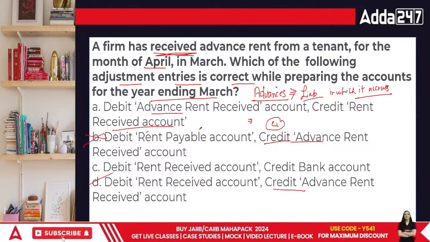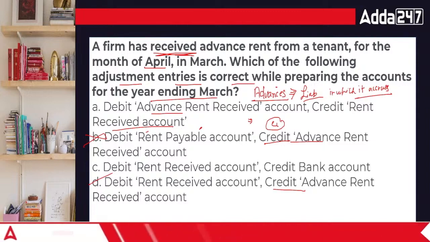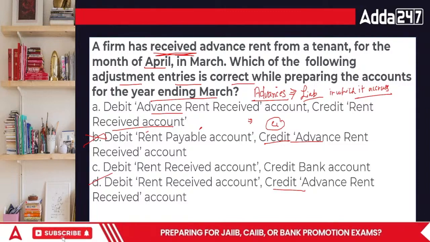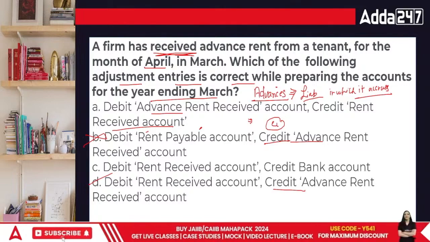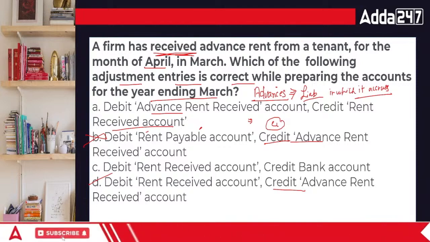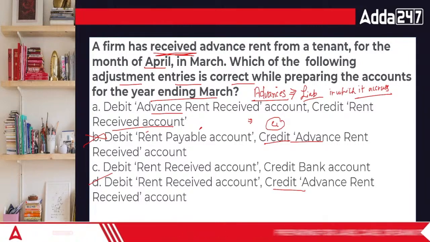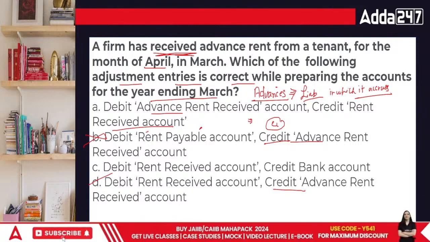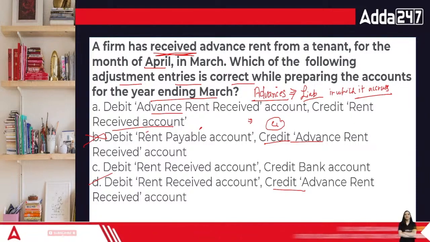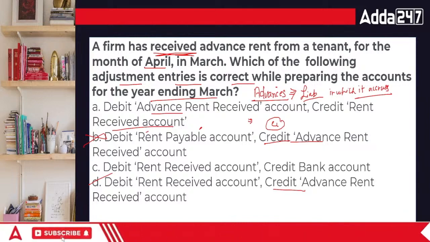This is correct. Matlab, every time the bankers have been asking me, ma'am, how do we get the correct journal entries? There is only one cue to it, everyone. Whenever you are dealing with these kinds of questions, the only rule is that you remember or identify half of your entry.